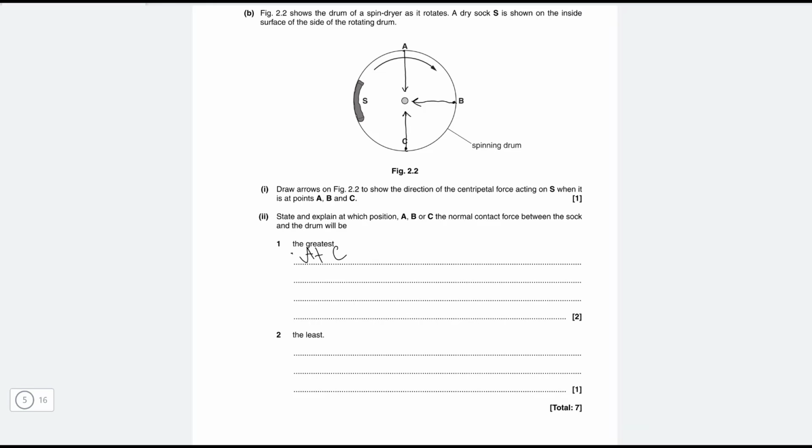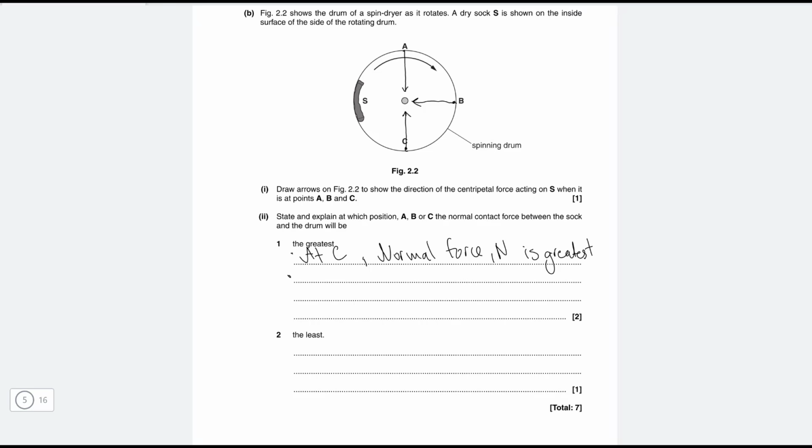Now, why is that? So let's consider the forces acting. Let's say that our normal force is N. I'm just going to label that. So I'm going to say the normal force N is greatest.